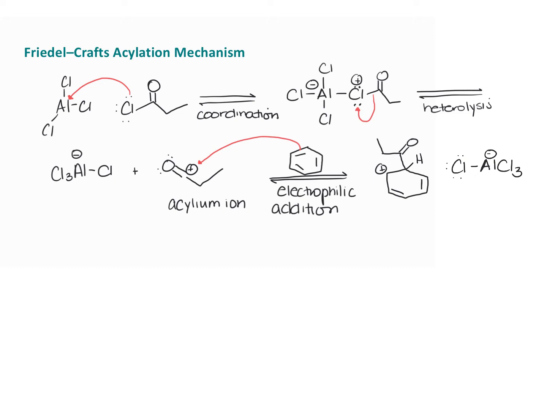Okay, so we've got a hydrogen there, and what's going to happen is just like before, the electrons that make up the bond between the chlorine and aluminum are going to come here and drag that proton back.